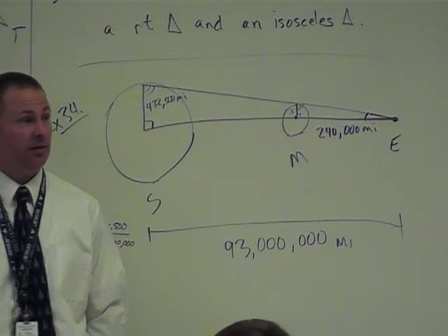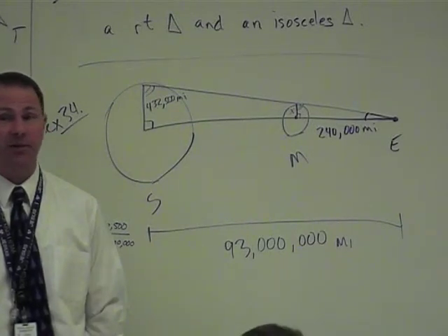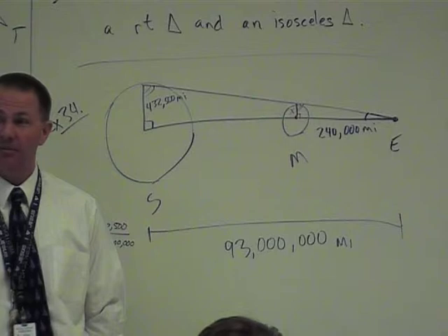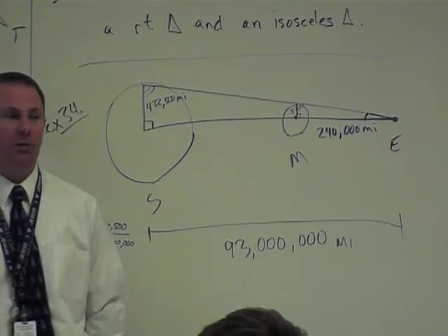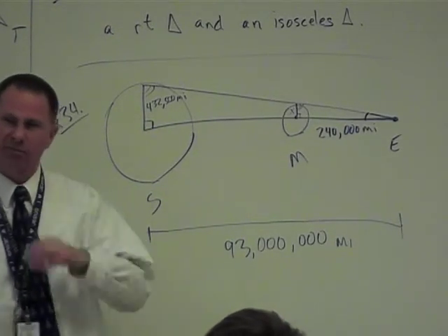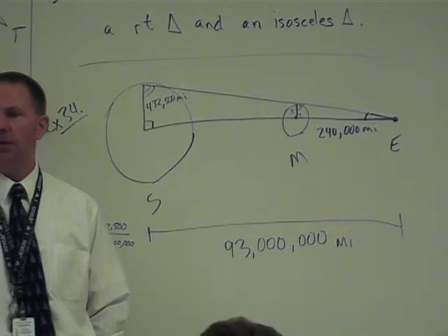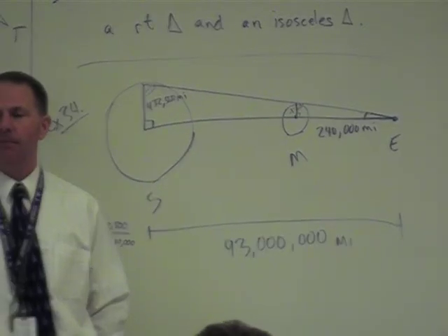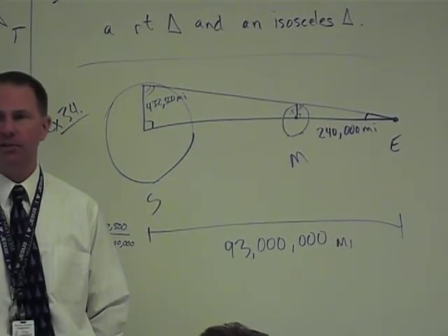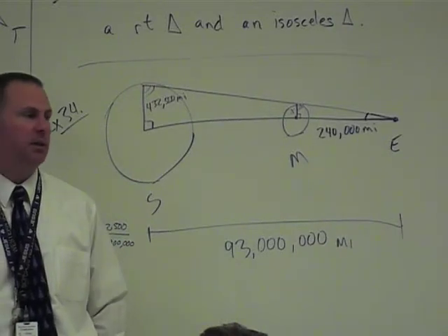Proportion. We can see the sun, can't we? Only when it's daytime. Also with trigonometry, we can figure it out as well. But we can totally find the distances using proportions and trigonometry.